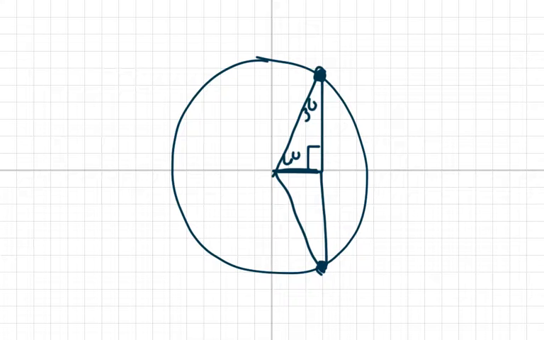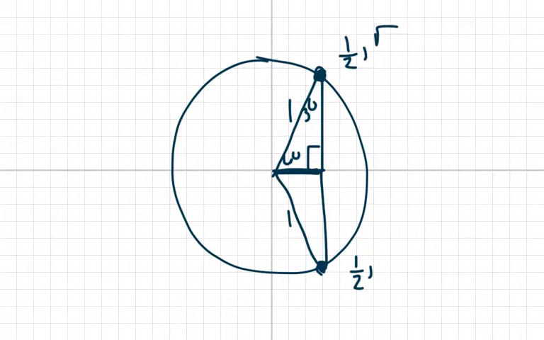So it's the same triangle, my hypotenuse is still 1. I've just kind of changed the order of my base and my height. So that means my x distance here now is going to be 1/2. And then it's my vertical distance, y, that is root 3 over 2. And then here it'll be negative root 3 over 2.